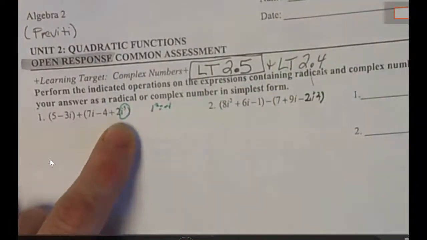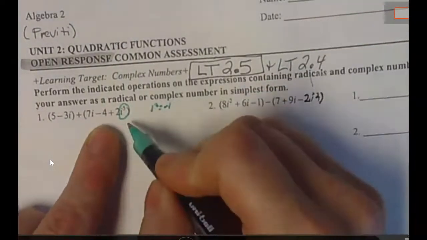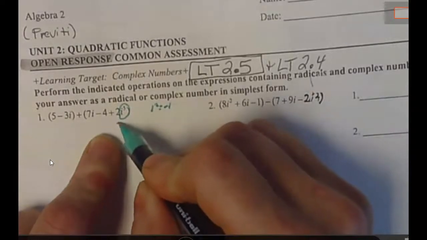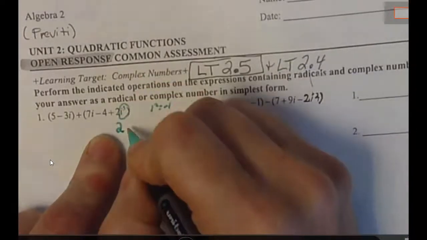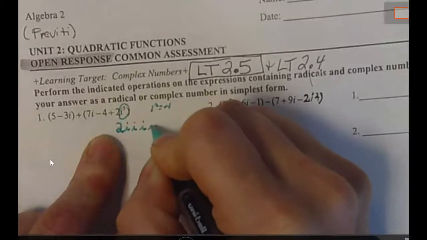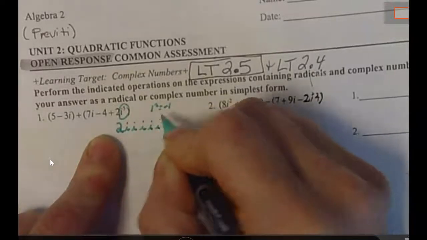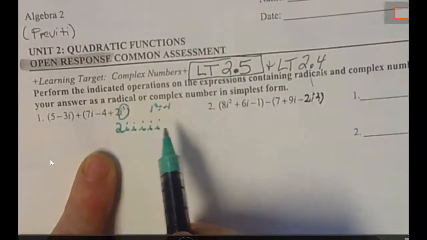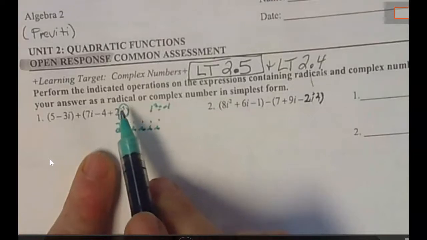Well, we have an i to the 5th, so we're going to actually need to break this up. So remember, we're going to write it like this, 2, and then we're going to write 1, 2, 3, 4, and 5. So we make sure to write 5 because the number says 5.